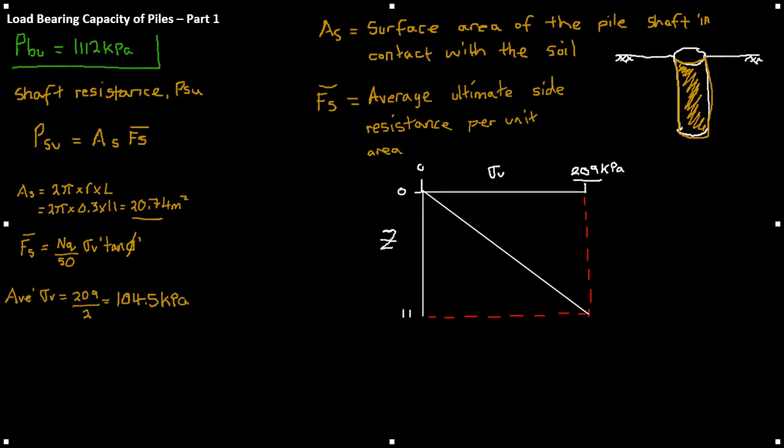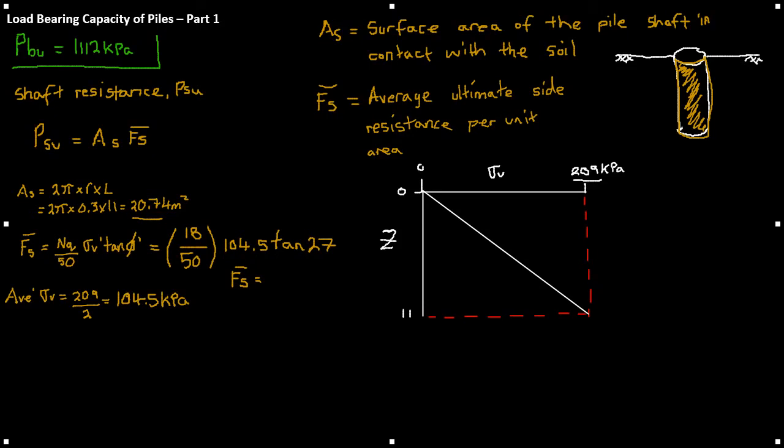So let's go back to FS bar. We got our NQ value earlier as 18, so we can do FS bar is equal to 18 divided by 50 times 209 over 2, which is our average vertical effective stress, times tan of 27.